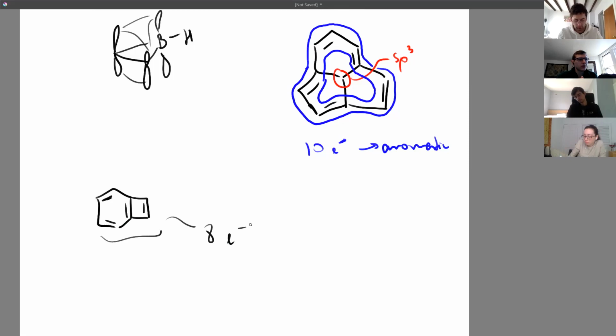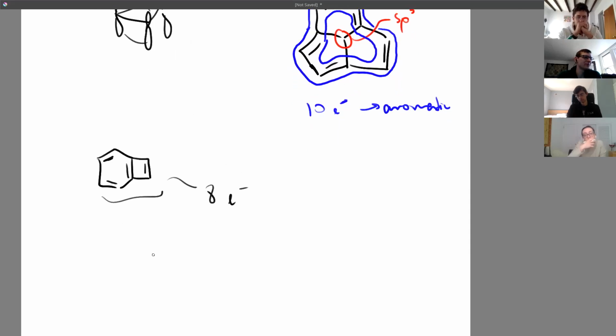Okay. Can this molecule be non-planar? No. I don't think it can. Let's say we were to move these all around. Yeah, I don't think it can, but maybe you could imagine some kind of weird stuff.